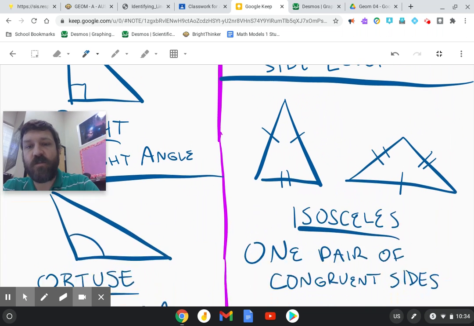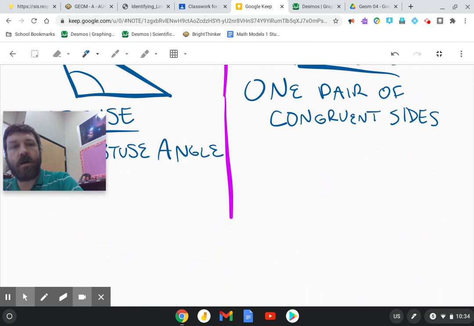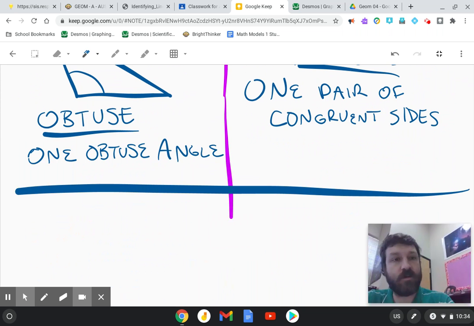So isosceles triangles have one pair of congruent sides and another side that is a different length. I went ahead and drew multiple examples so you could see how differently they can look. And so those are the main two triangle relationships when it comes to sides.